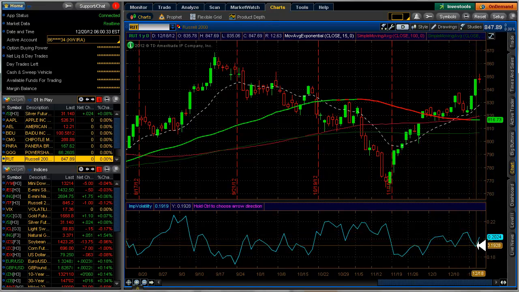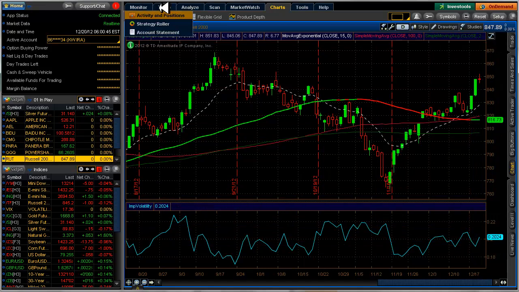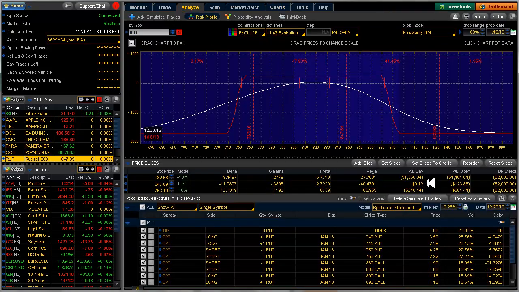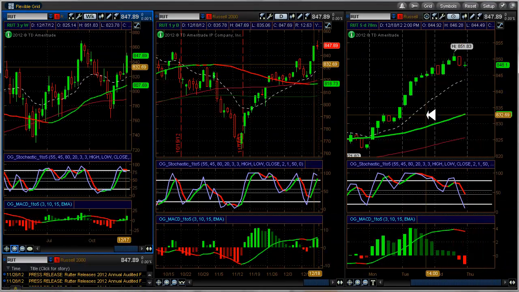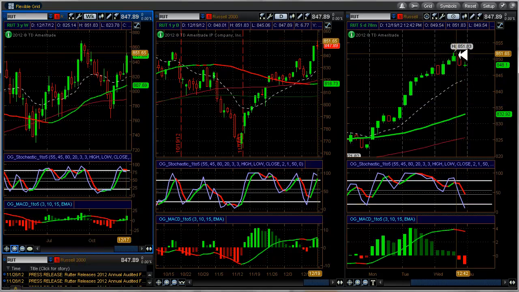So when we looked at our position on the iron condors on the Russell yesterday, we were pretty close to being even, if I remember right. I didn't look at the end of the day to see what the profit and loss was for that day, but I'm sure we probably lost money because IV increased. That would seem logical to me. You can see here at the end of the day, we took a bit of a dip.